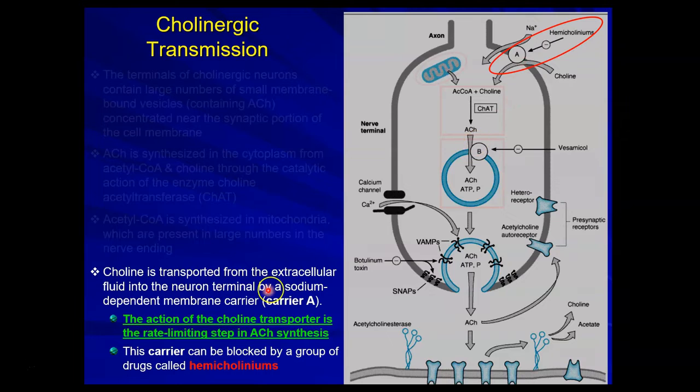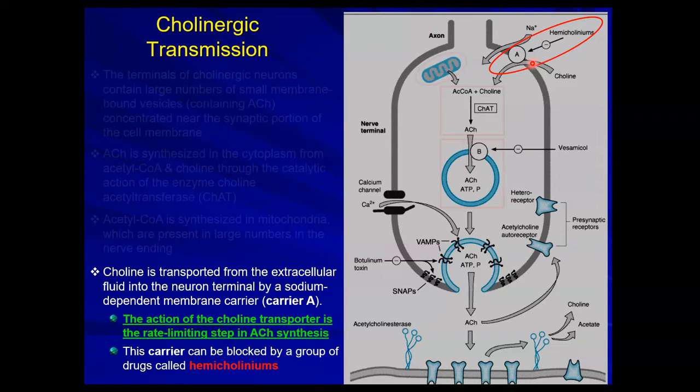Choline is transported from the extracellular fluid into the neuronal terminal by a sodium-dependent membrane carrier, carrier A. This choline transporter transports choline in what we call a co-transporter fashion. You know, a uniporter only passes one compound from one side of the cell to another.